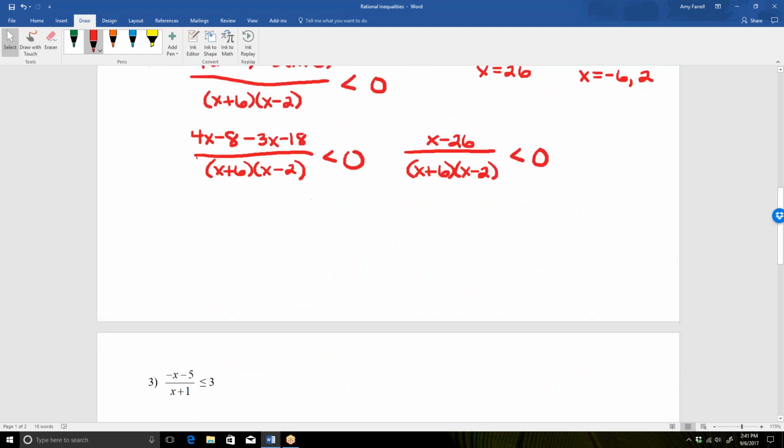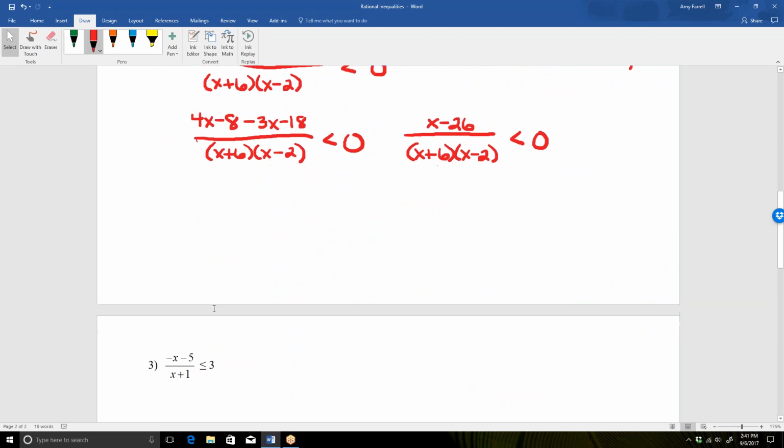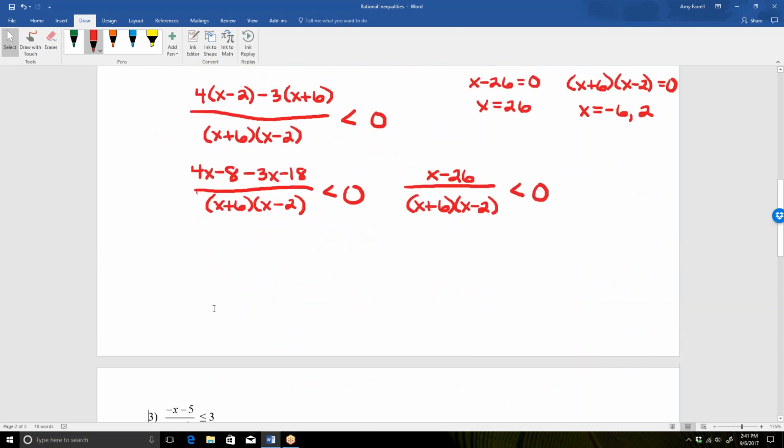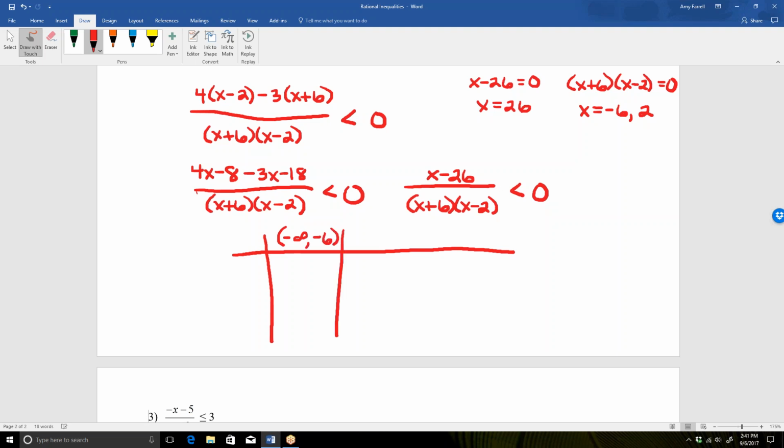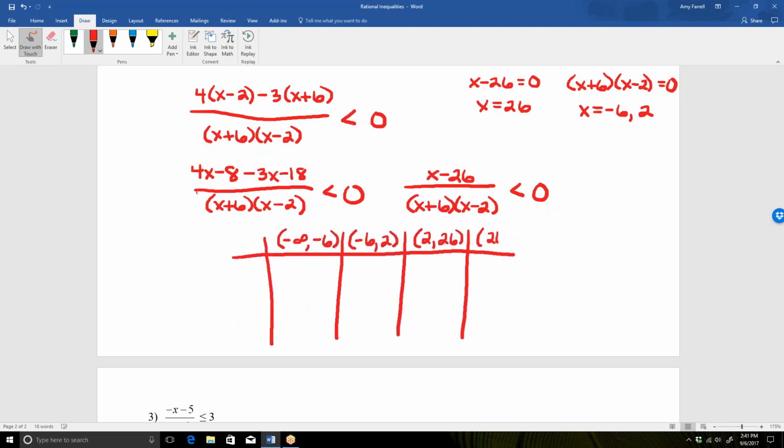All right, let's make a sign chart here. I'll make it small enough to fit down here. So here's our sign chart, and I've got 4 intervals: negative infinity to negative 6, negative 6 to 2, 2 to 26, and 26 to infinity.